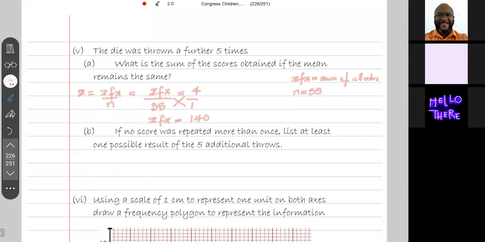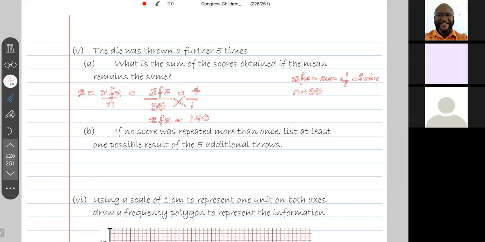What is the sum of the 5 additional throws? Anybody? The sum of the 5 additional throws, what is it? 20. Say that again. 20. All right, 20. Very good.